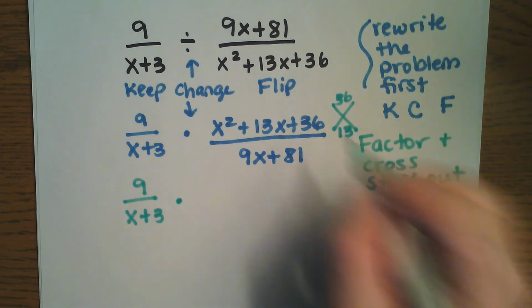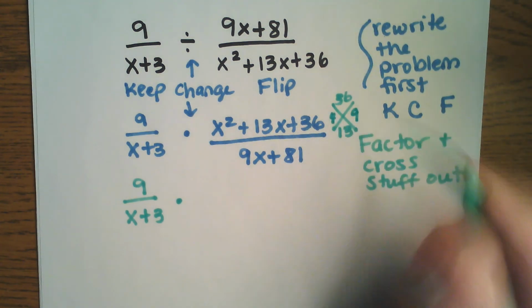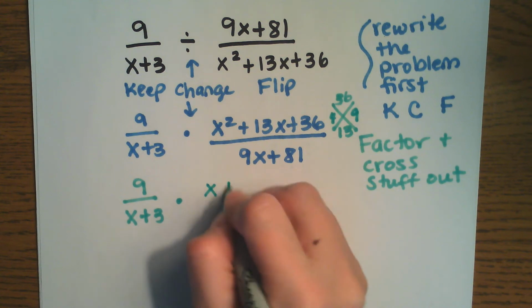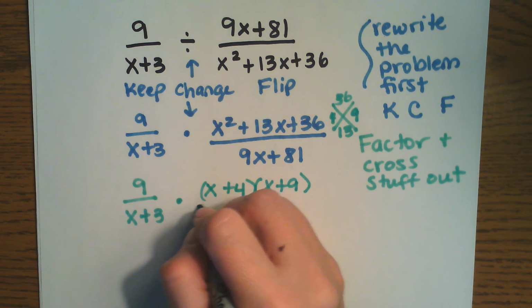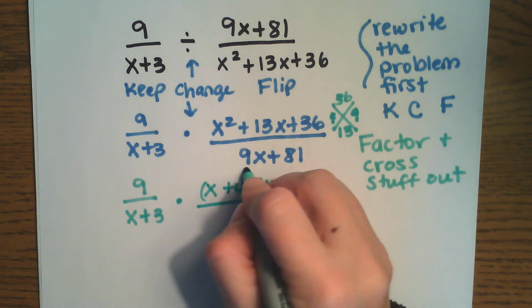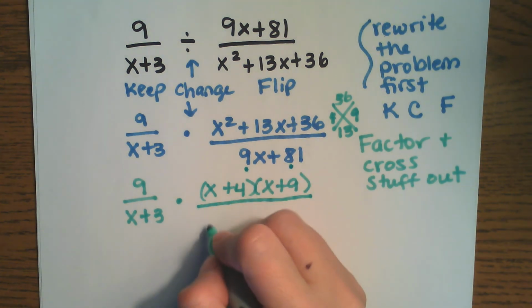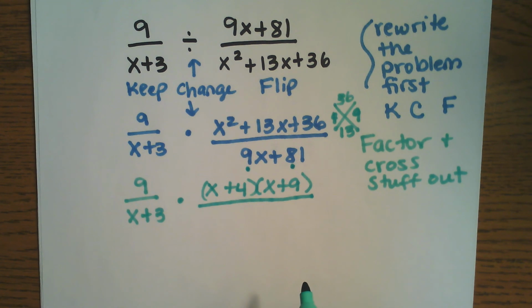Anybody? 4 and 9. Come on, Zoomers. What do 9 and 81 have in common that I can divide out? Zoomies. You there? Hello? 9.